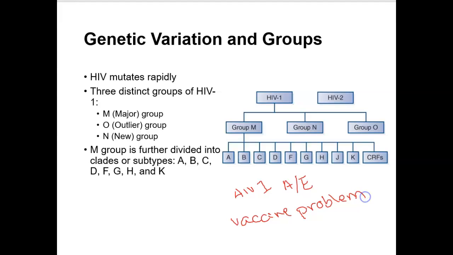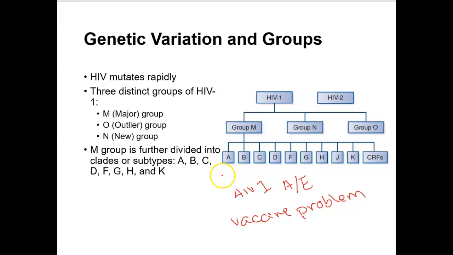So the goal would be to develop one HIV vaccine that would protect against all of these different strains. Realistically, I don't know if that's possible. Different places of the world have different strains that are more predominant.